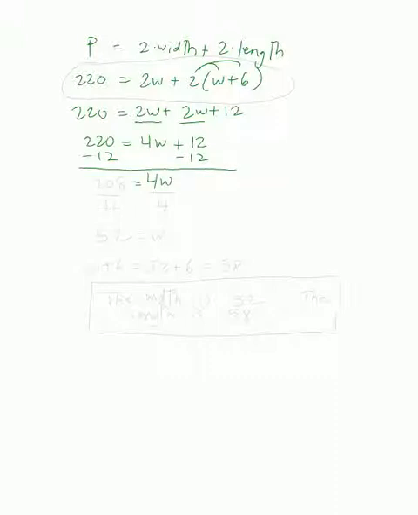We get 4W equals 208. Divide both sides by 4. We end up with W equals 52. So, if W is 52, then that means that W plus 6 is 52 plus 6, which is 58. So we're ready to answer the question. It says, what are the dimensions of the fence?